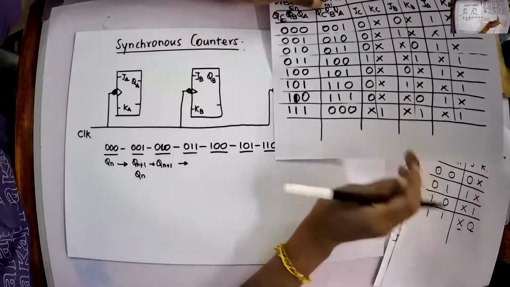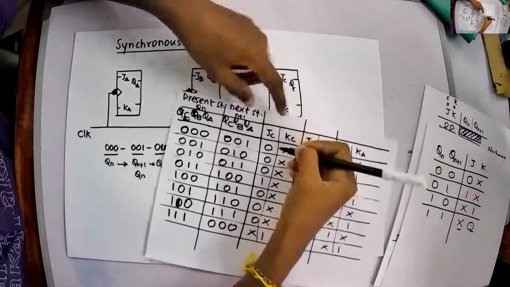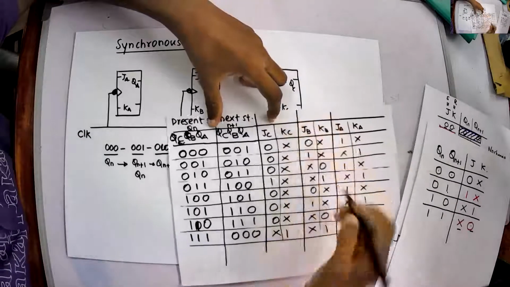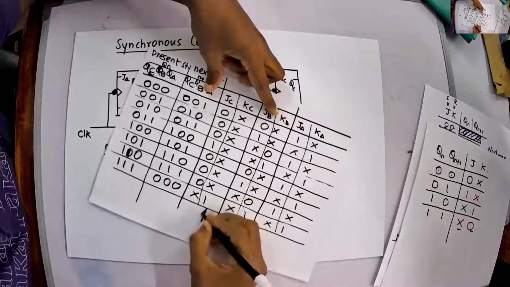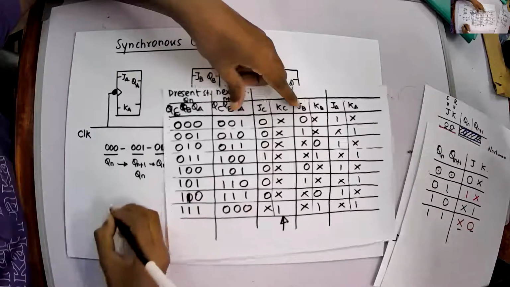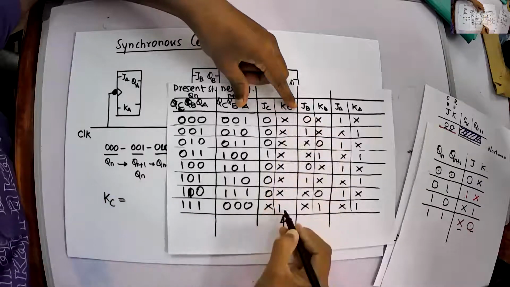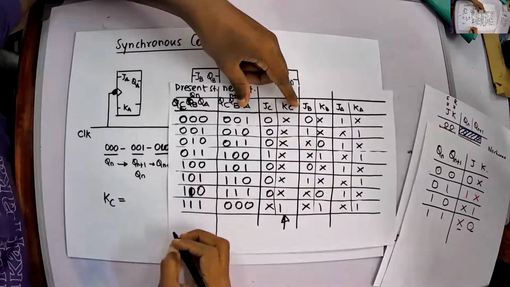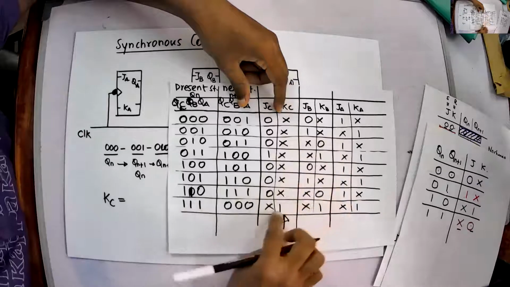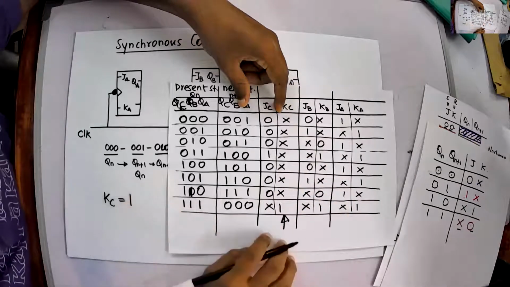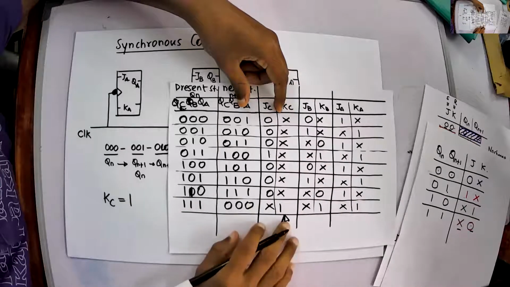First, we'll solve, yeah, I could see that. See here. What I can say is KC equals, don't care, 1. Clear? Don't care, 1. I can say it as KC equals 1.